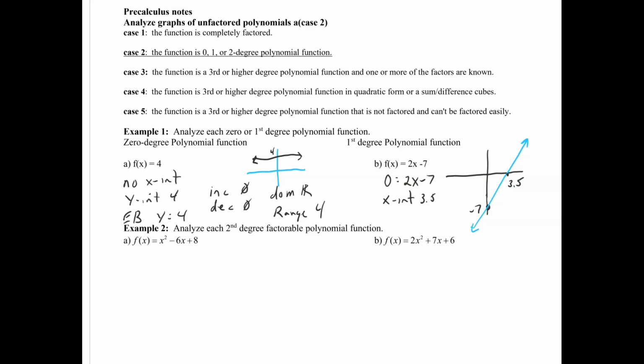This function's increasing over its entire domain, so all real numbers. It's never decreasing, so never. It has a domain of all real numbers, and as this is an odd power function, as all odd power functions have, this is first degree, that's an odd degree, it has a range of all real numbers.